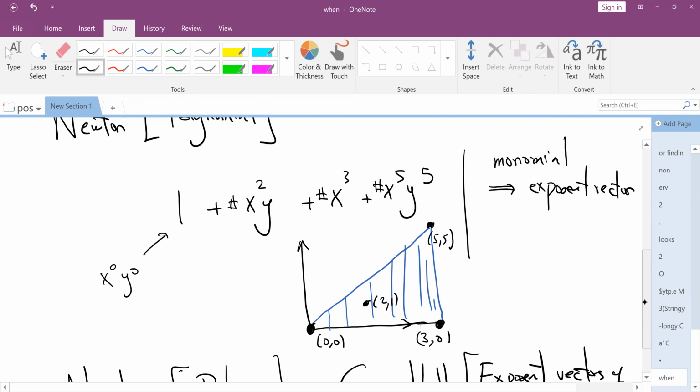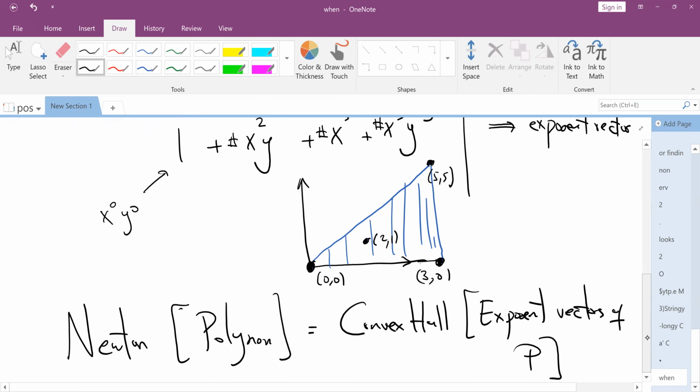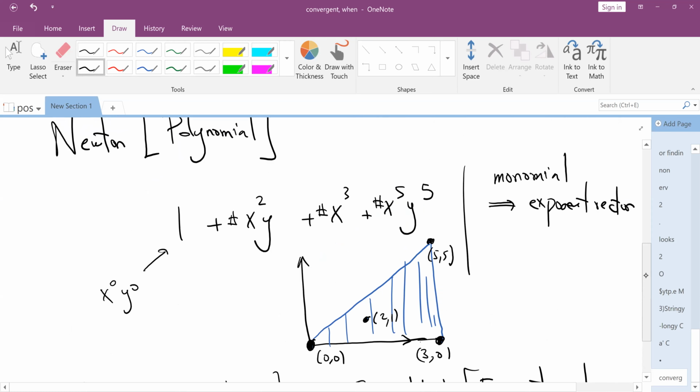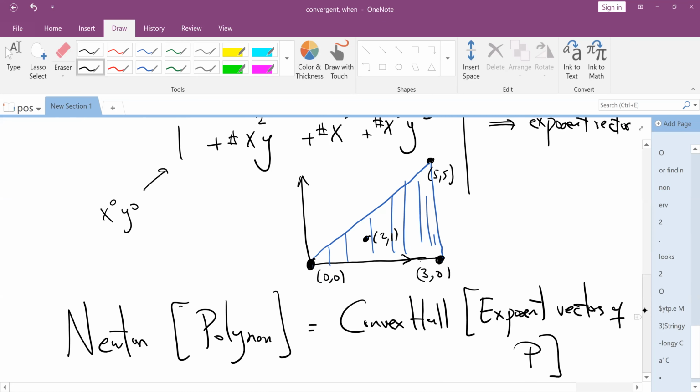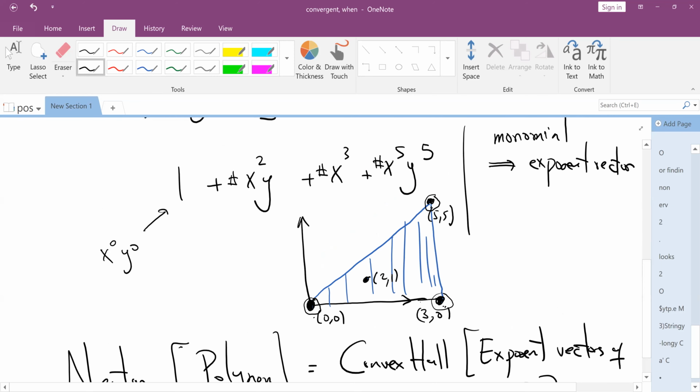And intuitively, what's important about the Newton polytope is that the vertices tell you that in different directions, as you go off in xy space and you scale x and y to infinity in different ways, every vertex will have a chance to dominate somewhere. In some region in xy space, some vertex will dominate over all the others. If some of the monomials are inside, like in this example, then that vertex never dominates. In every direction, there's someone else who's dominating. So that's what's important about the Newton polytope.